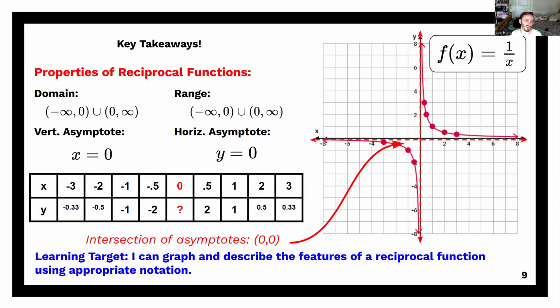Reciprocal functions are a kind of rational function. It's just that they're a little simpler in the sense that the numerator is a constant instead of a variable expression. We've also previously discussed that because of the fact that the x can't equal 0 and the y can't equal 0, it's a function that has restrictions in the domain and the range. This is what we refer to as interval notation.